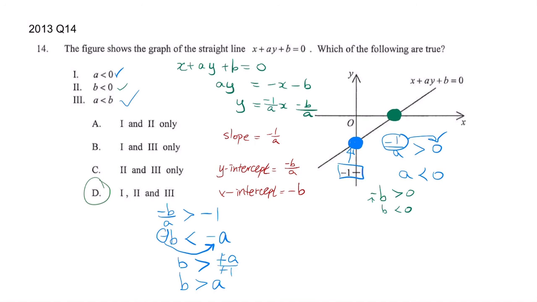So for this type of question, the steps are very clear. You have to find the slope, y-intercept, and x-intercept, even before what the question asks you for. So first of all, find all these three things and then compare what you have to find. For example, we have to find a, so a is in the slope, so you have to compare with the graph.